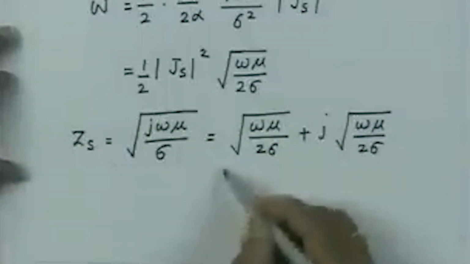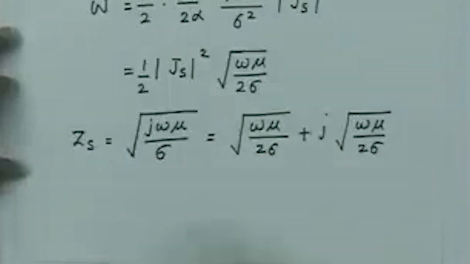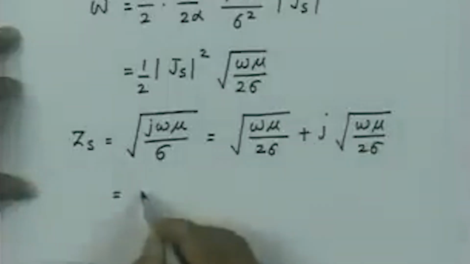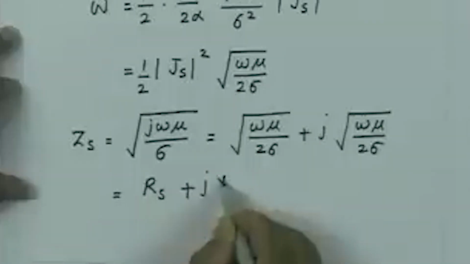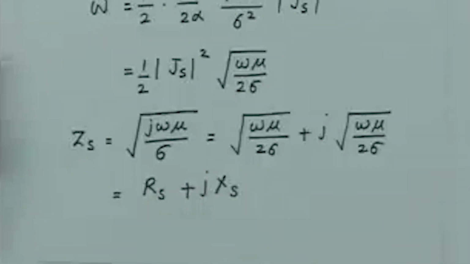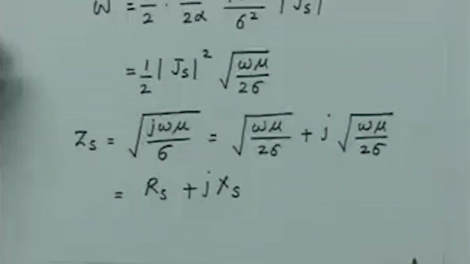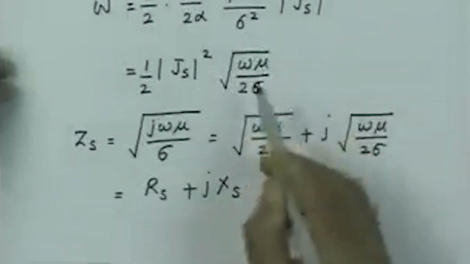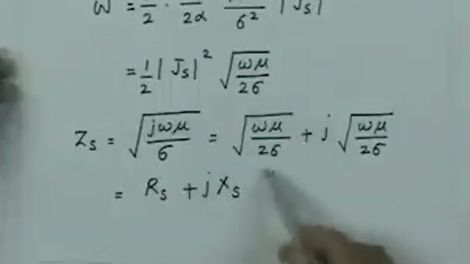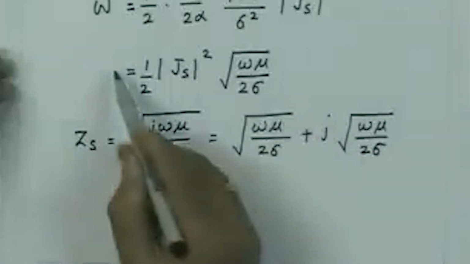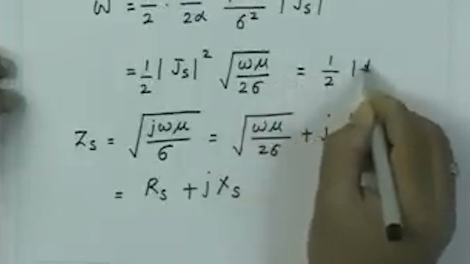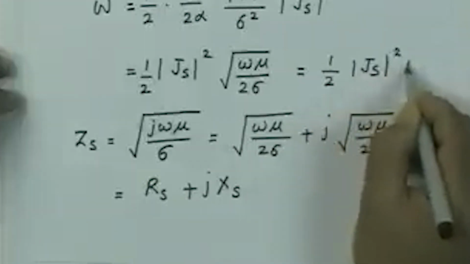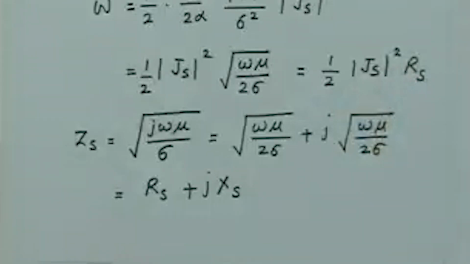So, the surface impedance has a resistive part, which I call the surface resistance, and a reactive part, which I call the surface reactance. Now, this quantity which we have got here is nothing but omega mu upon 2 sigma, which is the same as this. So, we can write this as equal to half mod Js square into the surface resistance.